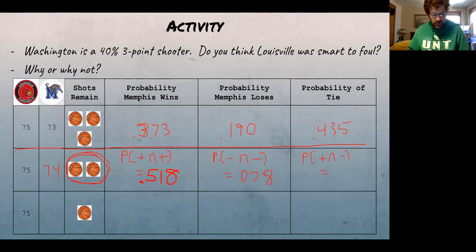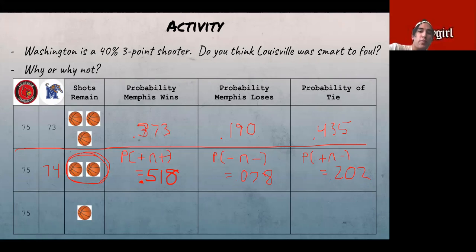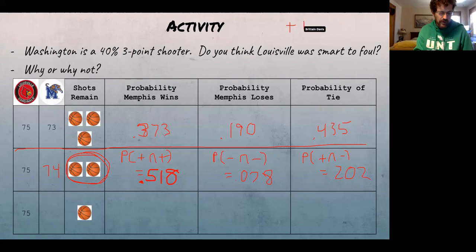Okay, so the only other thing to consider with this is how many paths are there to victory? How many ways, with 2 shots, how many ways are there? One. Yeah, there's make. I'll just put all the possibilities up here. How many paths are there to defeat, to loss?